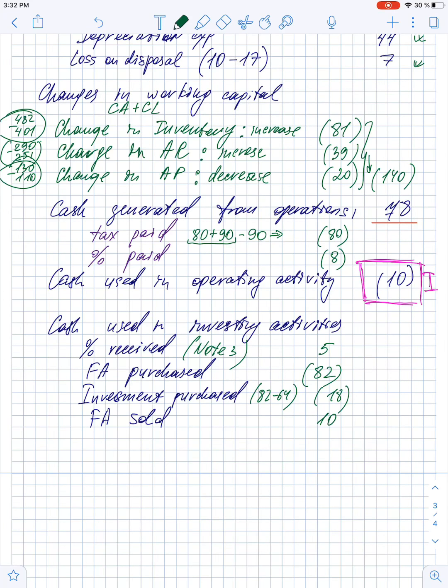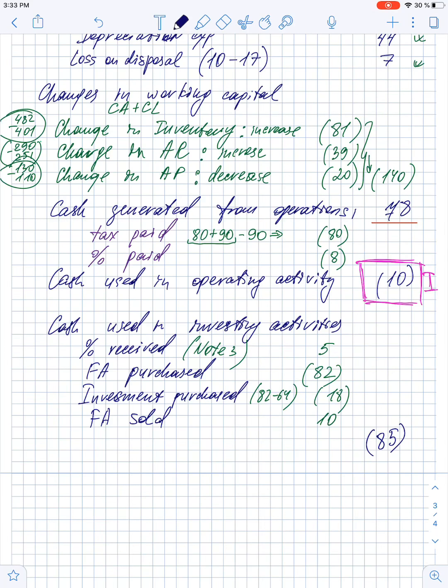Now we can calculate the net effect of investing activity in the firm. So we have to sum up cash receipts from the sale of fixed asset. We have to deduct cash spending on purchase of investment and fixed asset. So the total negative would be less 100. Here we would have plus 15, less 85, 85 with minus sign.